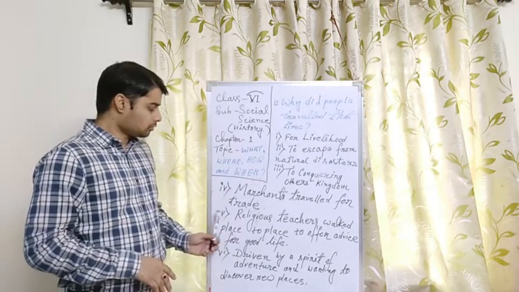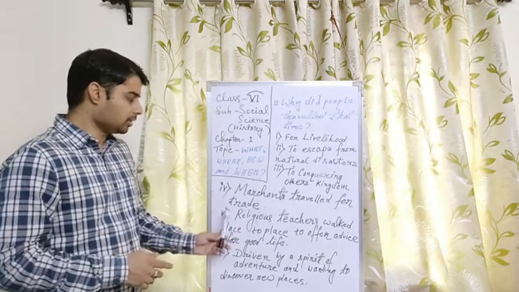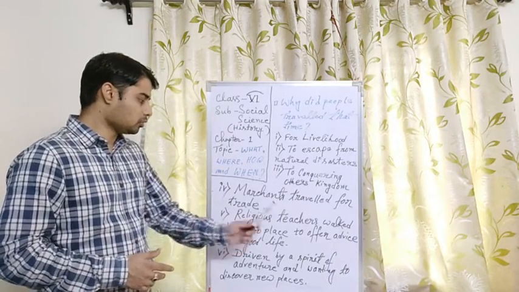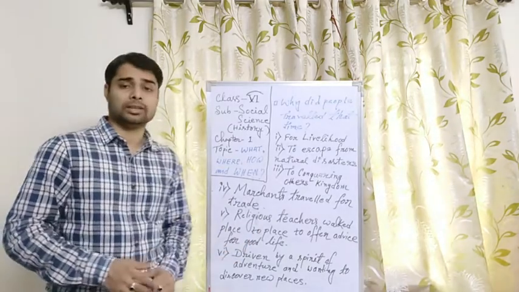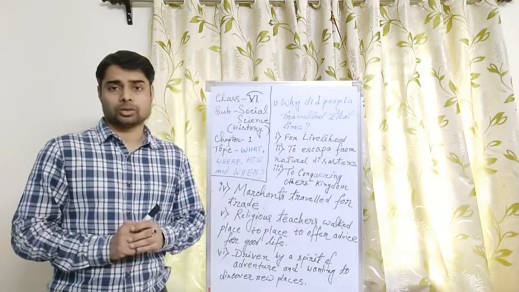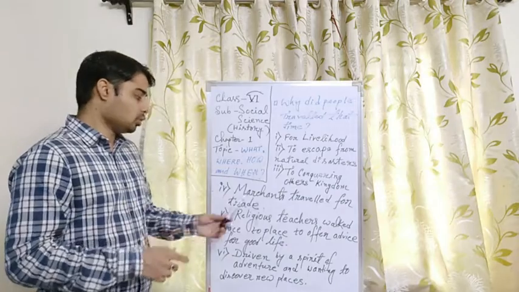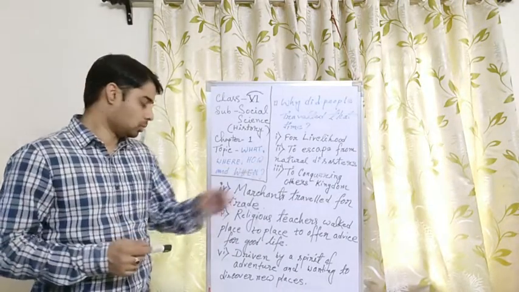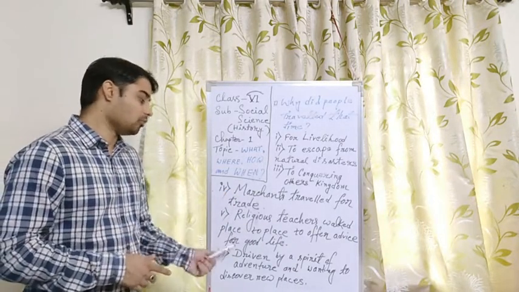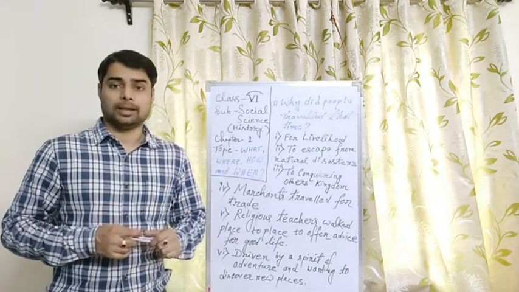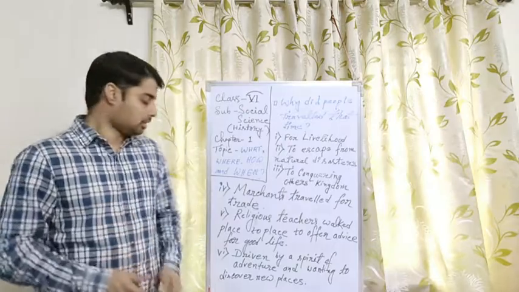Number 5, religious teachers walked from place to place to offer advice for a good life. Some religions were also established at that time. Those sages and priests walked from one place to another to offer advice for good life and spread their religious messages.